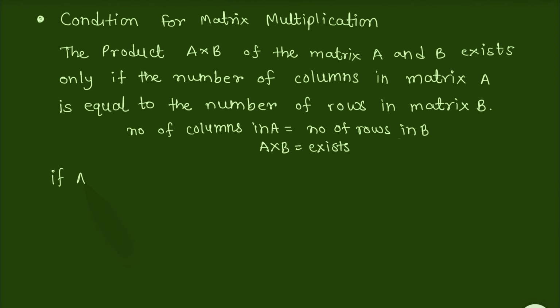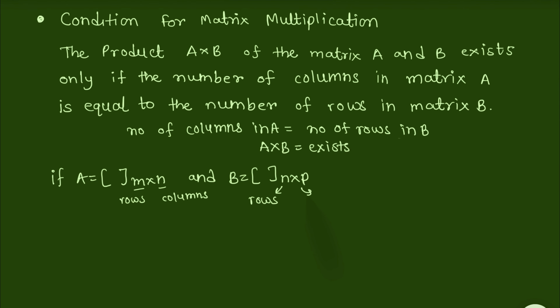If A is a matrix of order m cross n, where m are rows and n are columns, and B is a matrix of order n cross p, where n are rows and p are columns.